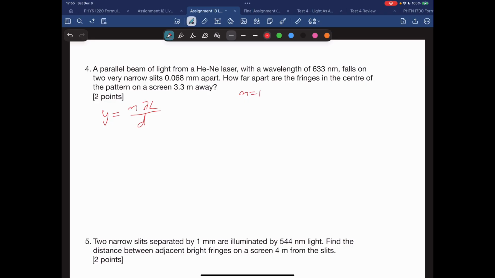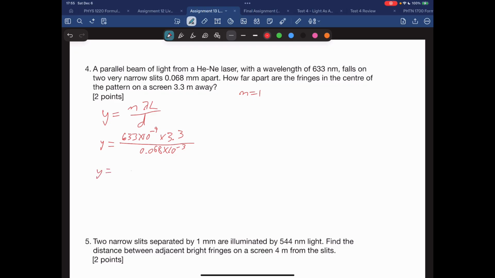And we are looking for the fringe spacing. So that is y, no need to rearrange. So we can just go ahead and plug in right away. 633 times 10 to the negative 9 times 3.3 for L, all over 0.068 times 10 to the negative 3.